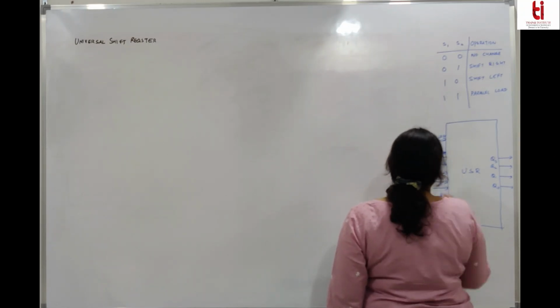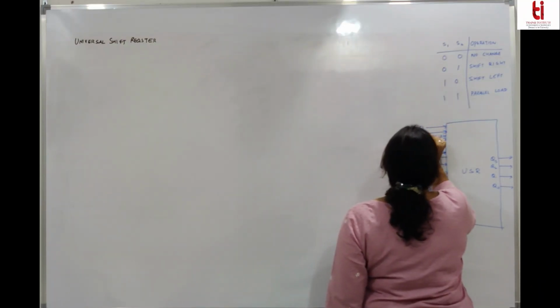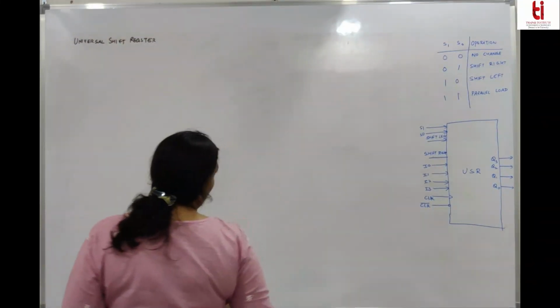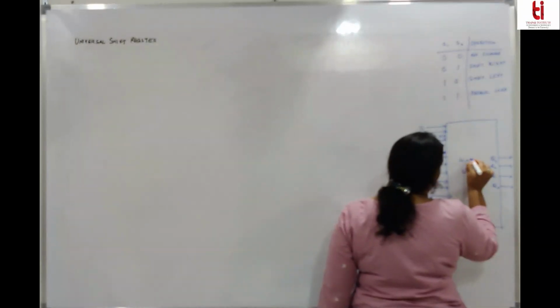Then you have 2 select lines, S1 and S0, which will select the operation. So these are the inputs. This is the actual block diagram of a 4-bit universal shift register.